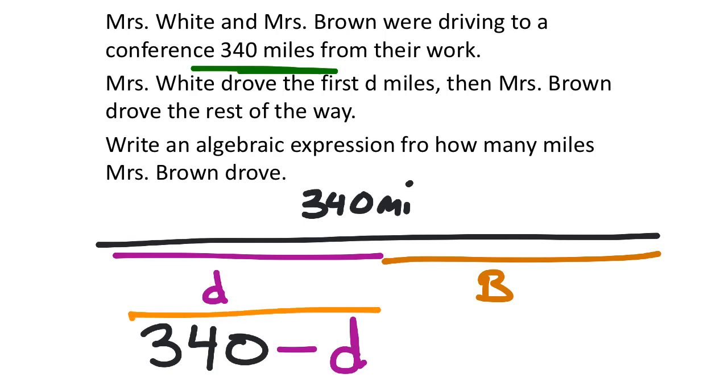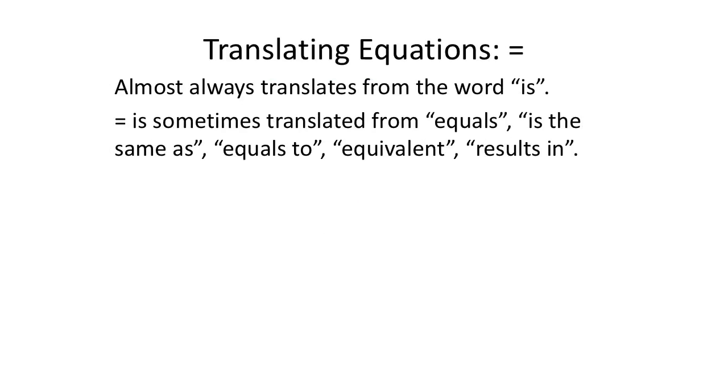So this would be the expression which would represent how many miles Miss Brown drove. This is also the same as asking what the difference is between how much they drove and Miss White's driving distance.